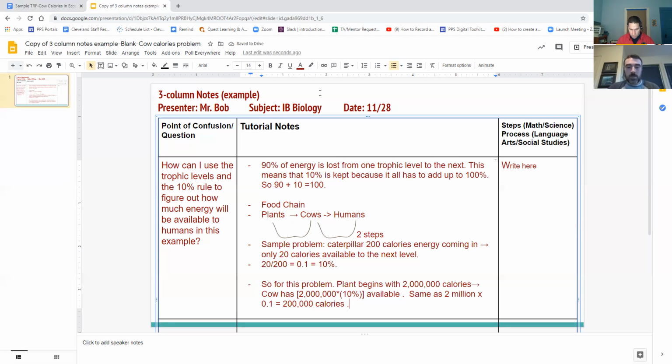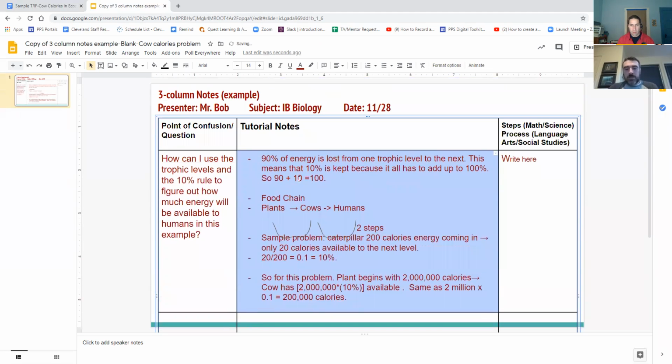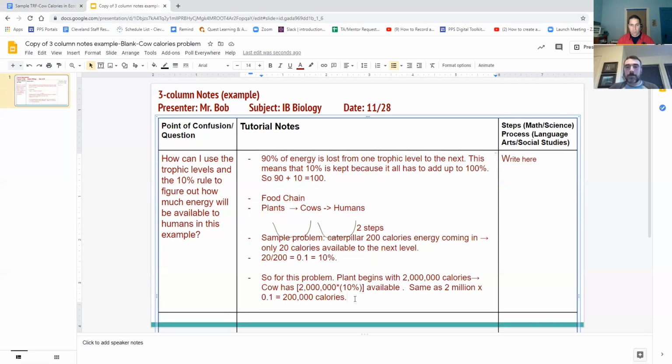Okay, but what do I do there? How do I go from there to, because it's asking me for the humans, not the cows. So what does that 200,000 calories represent for the next level, the cows to human level? Oh, is that the starting amount? Yeah.